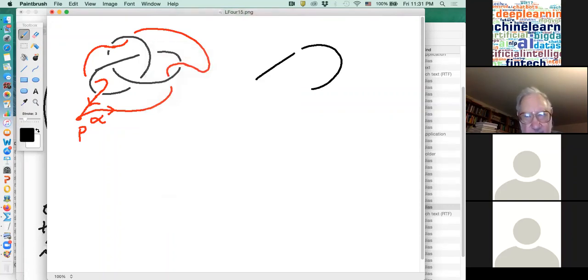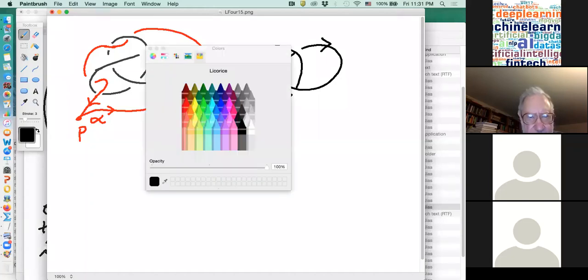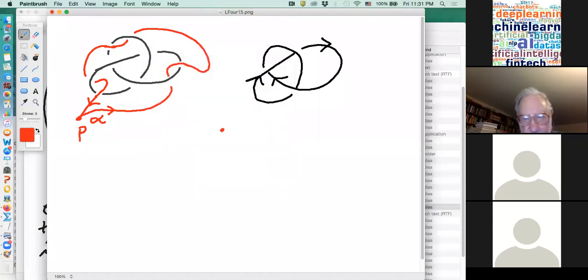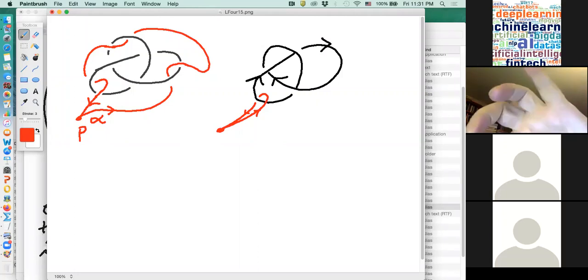For every arc in the knot, we'll orient it because we like to have a direction on the loops as well. And then for every arc in the diagram, we're going to run a loop which comes around the arc in the diagram and runs back to the base point. So you can think of the base point as high above the plane, and you come down to the arc, and then you go around the arc and come back.